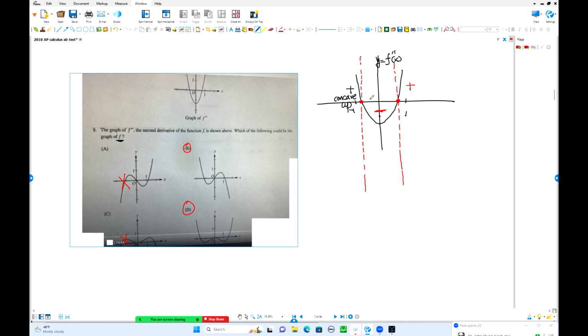Concave down up to here. So over here, concave up, the graph is concave up. After that, concave down is what? Same thing. It's going down here.